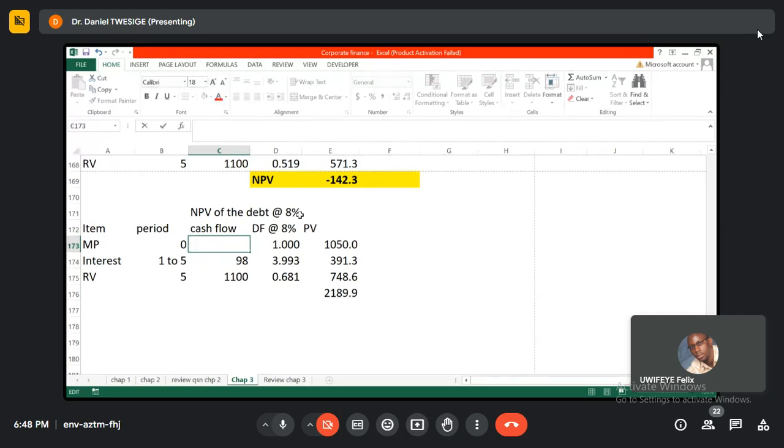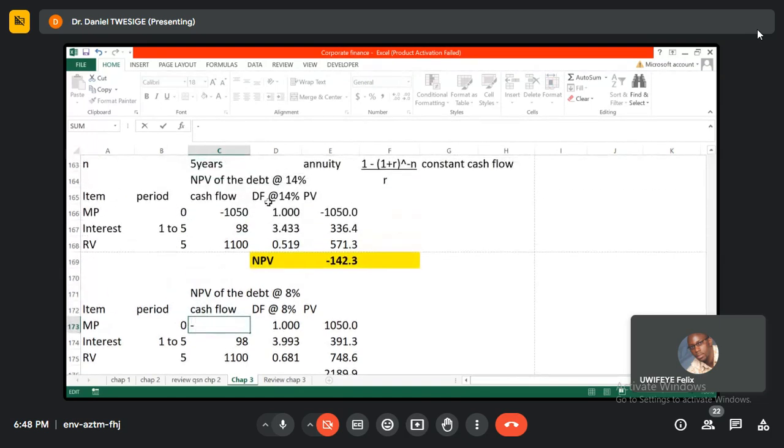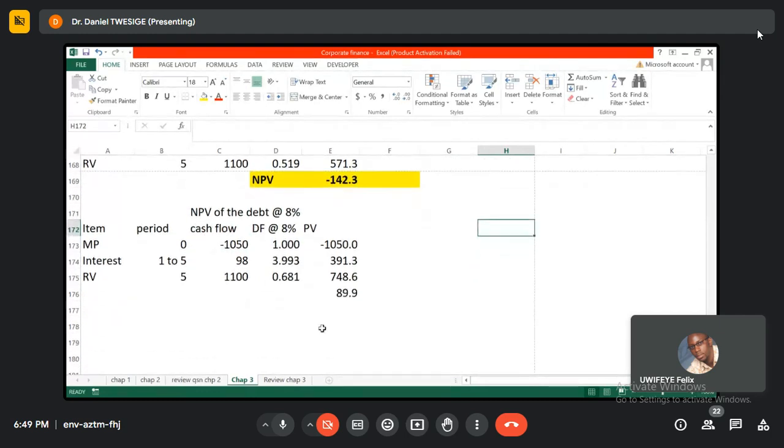So my NPV now is positive at 8%. I have a positive NPV of 89.9.